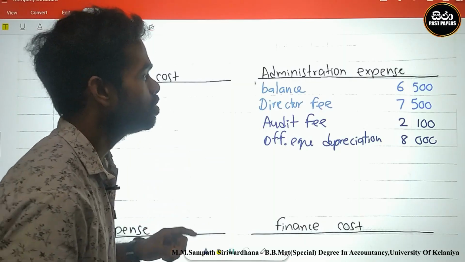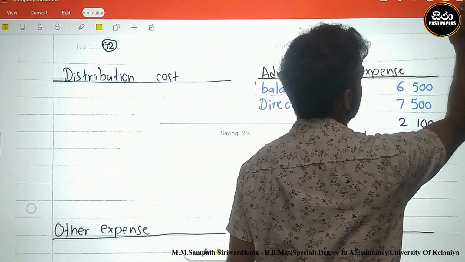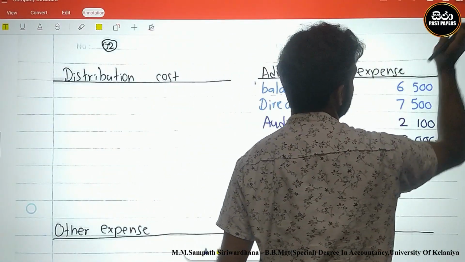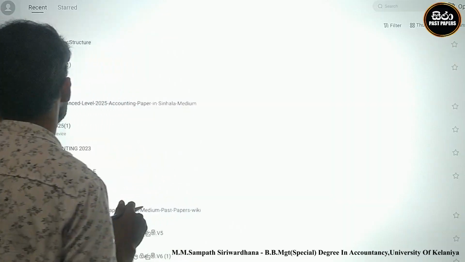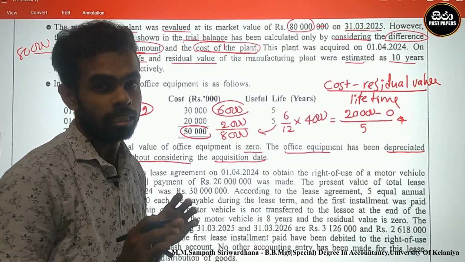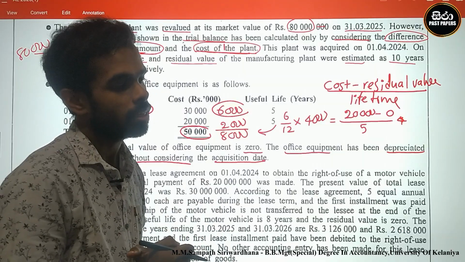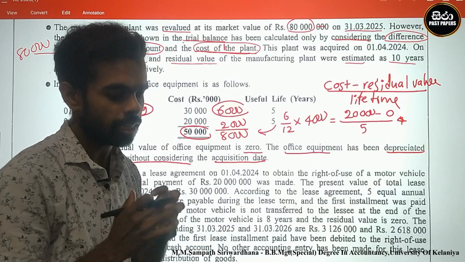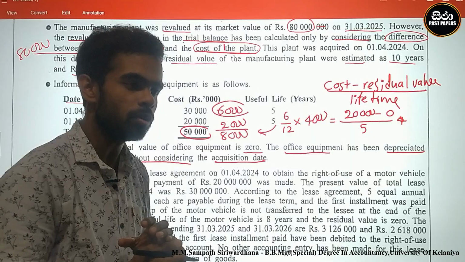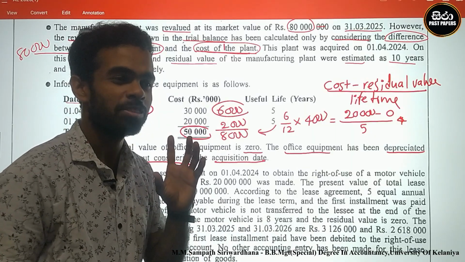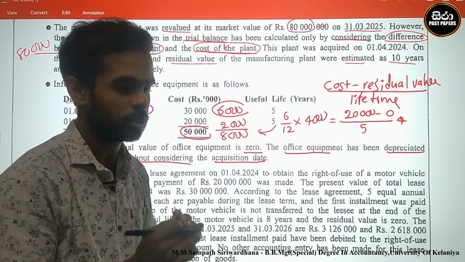Office equipment depreciation is 8,000. Why do I write this? They already entered the accumulated depreciation and annual depreciation in the trial balance. Therefore, I entered them in the correct locations: administration expense and the accumulated depreciation note.